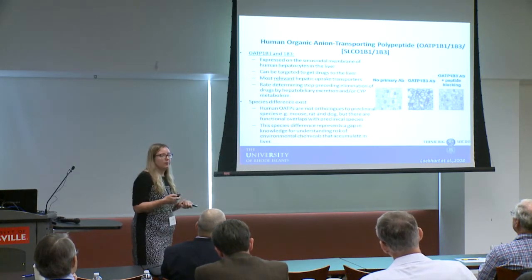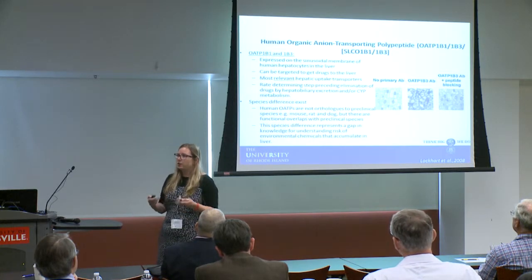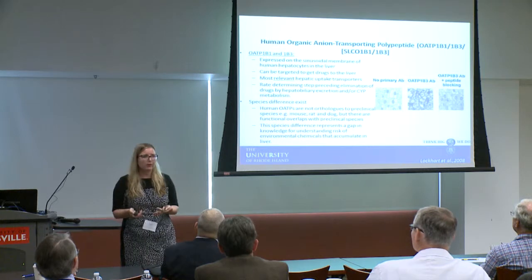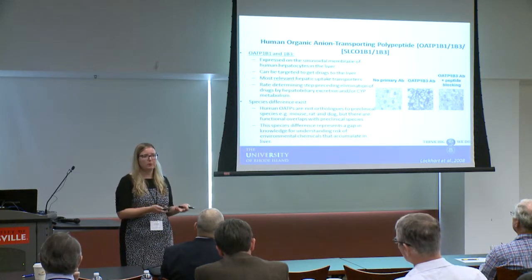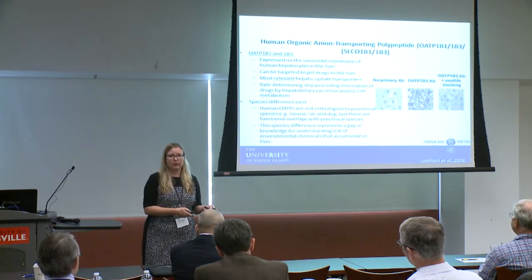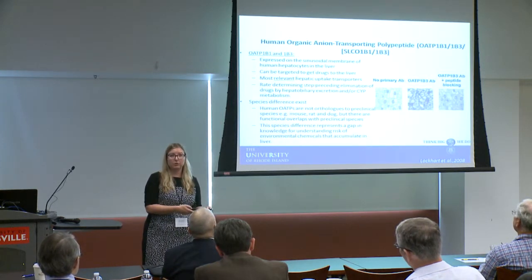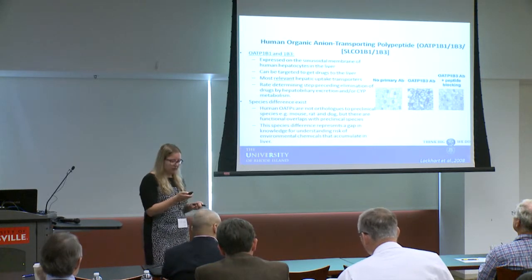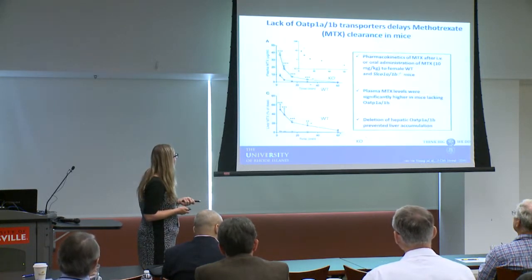And I just want to point out from an EHS standpoint that it's really important that we understand species differences between OATP and OATP substrates for human versus rat. So one of the limitations to the literature when you're evaluating environmental chemicals for risk is you tend to not find species studies that are comparing the affinities for OATPs.